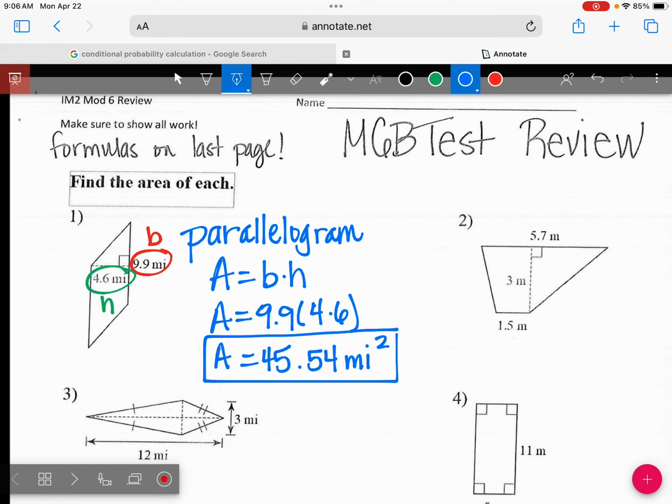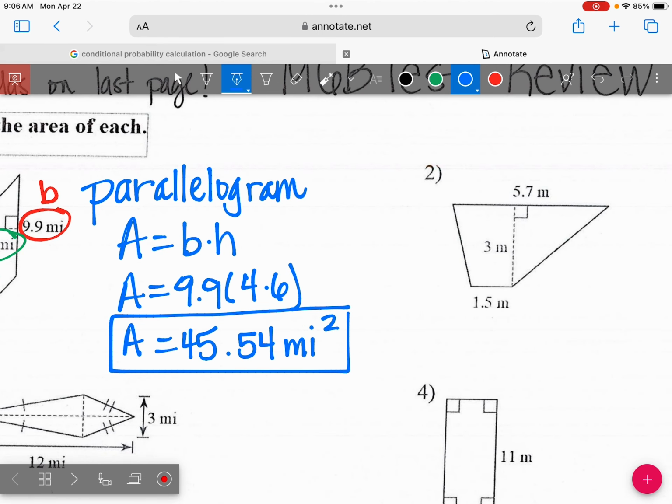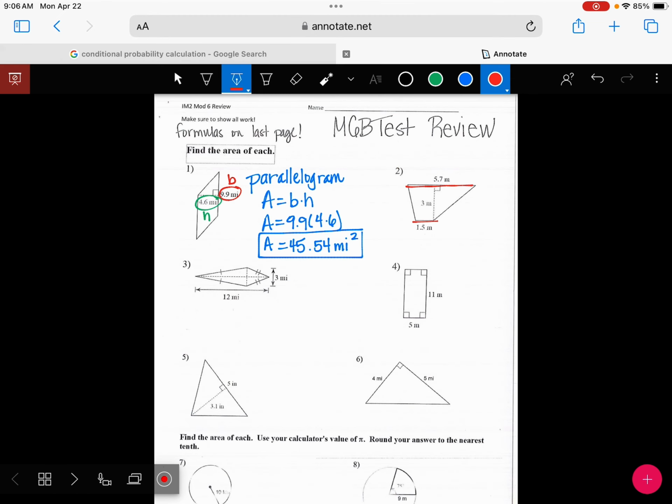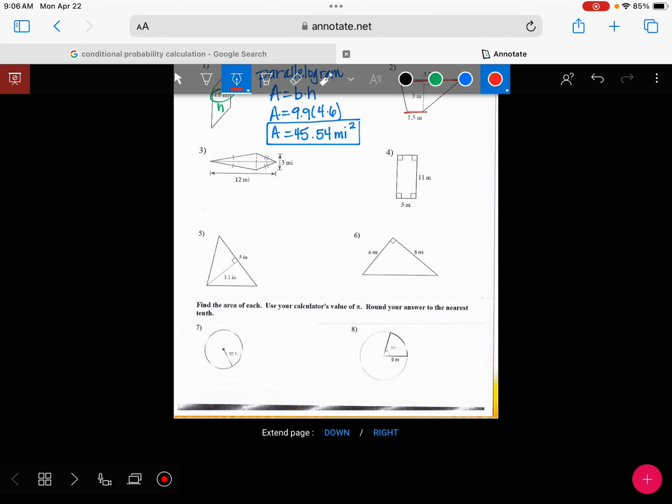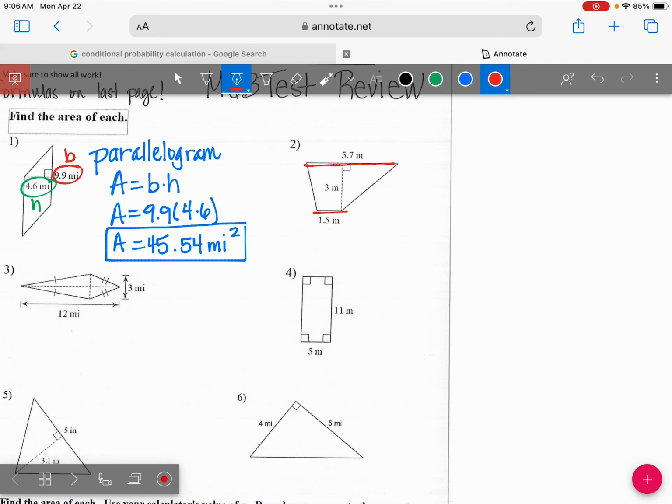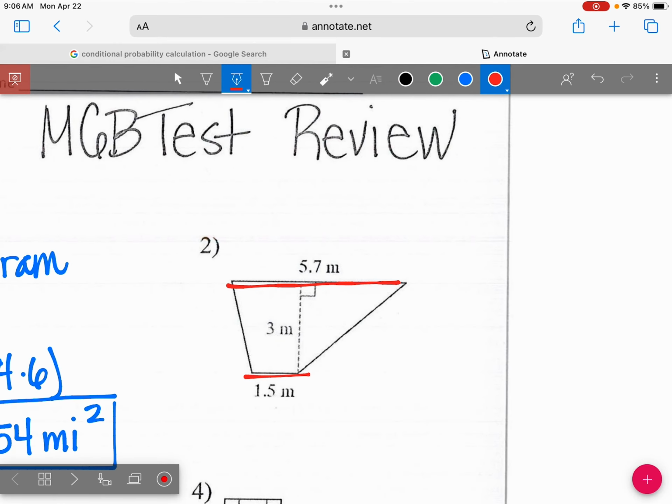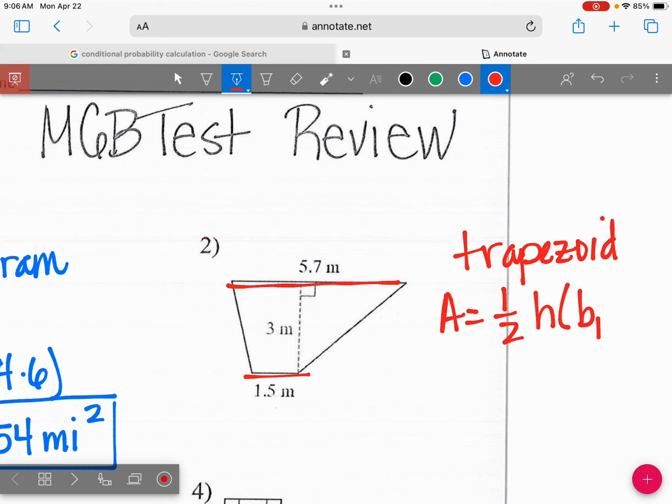All right, let's look at number 2. Number 2 has 2 different size bases. This is a base, and this is a base. We call this a trapezoid. Let me go ahead and extend my page 1 second. I need some more space. Okay. All right, we call this one a trapezoid. And the formula for a trapezoid is 1/2 height times B1 plus B2.